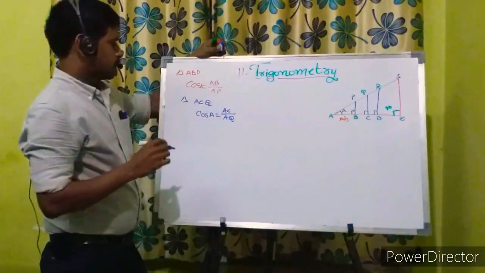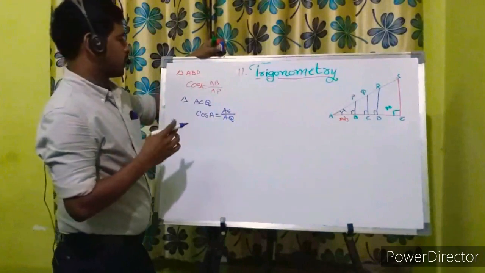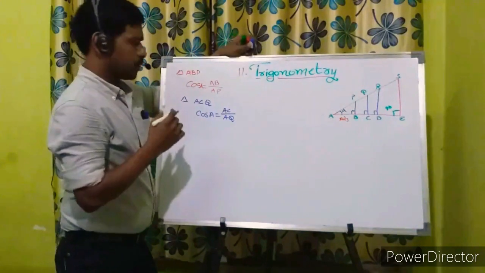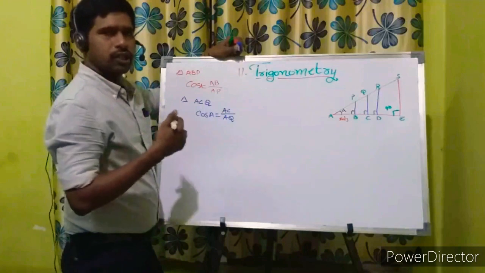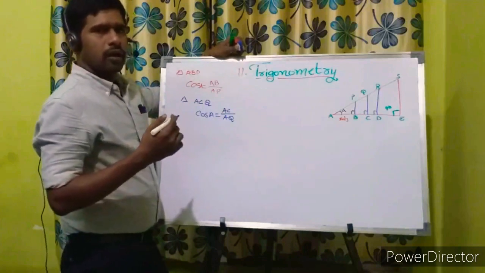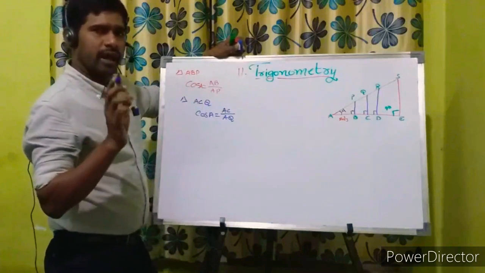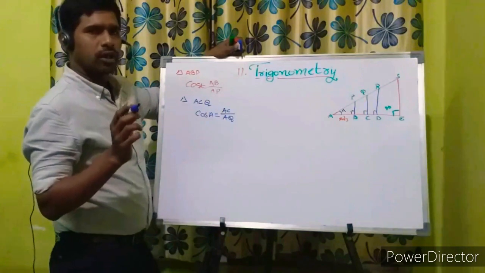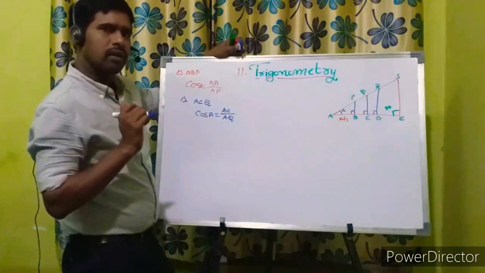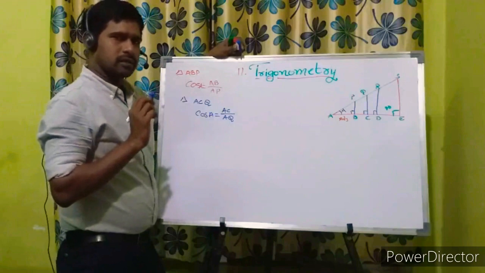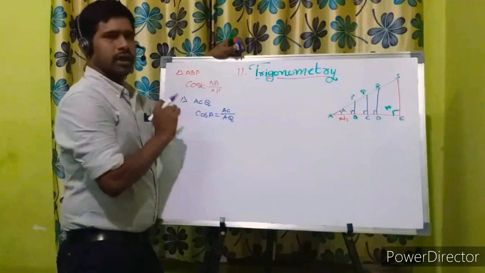This is the cos ratio. The definition of cos A: the ratio of the adjacent side of the angle and the hypotenuse.